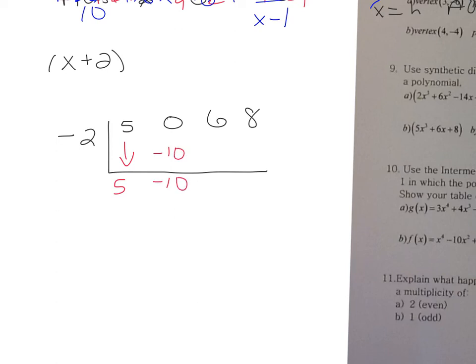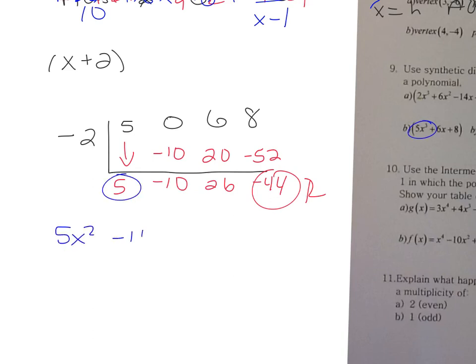Negative 2 times negative 10 is positive 20. 6 plus 20 is 26. Negative 2 times 26 is negative 52. And then 8 minus 52 is negative 44. That's my remainder. I started off with an x to the third, so this is going to have an x squared. So it'll be 5x squared minus 10x plus 26 minus 44 over x plus 2, my divisor.